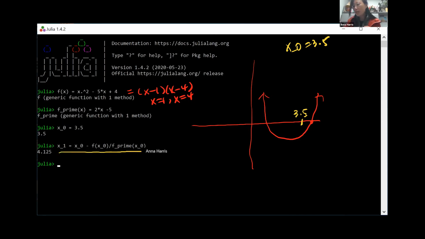That means I draw a line over here, and that's my tangent. Okay, so I found a new x. This is x1, which is equal to that number, 4.125. Does it make sense to you, class?